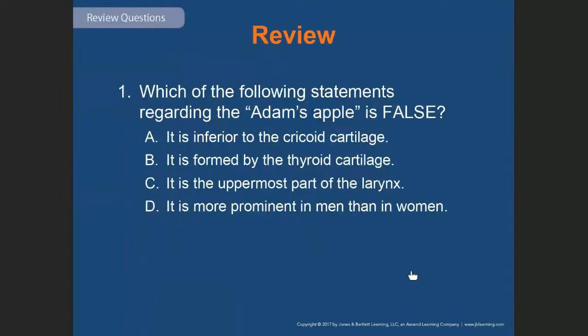All right, now question 1. Which of the following statements regarding the Adam's apple is false?